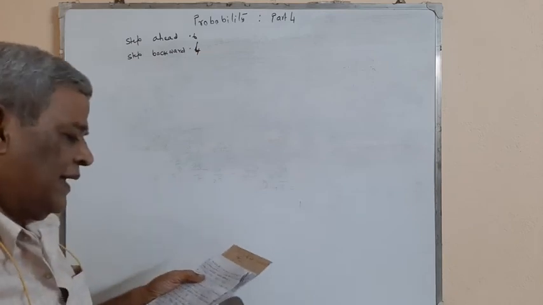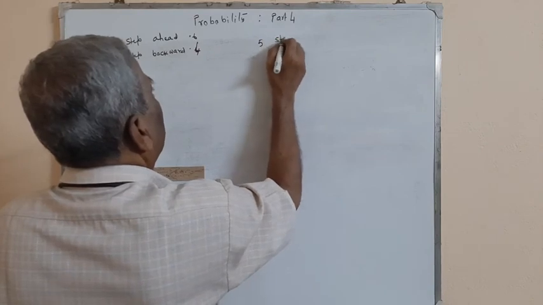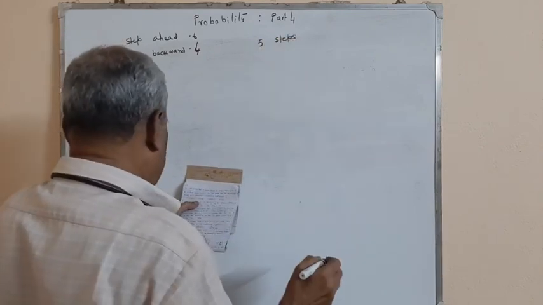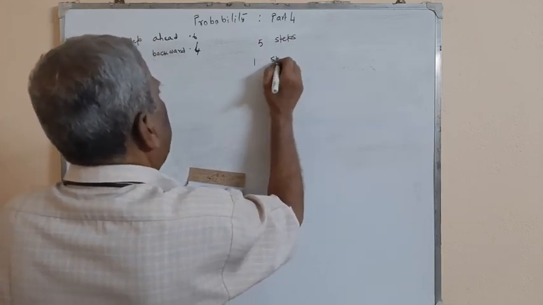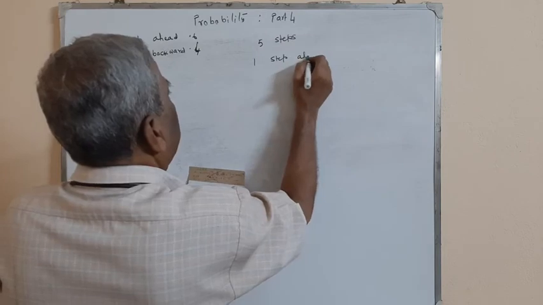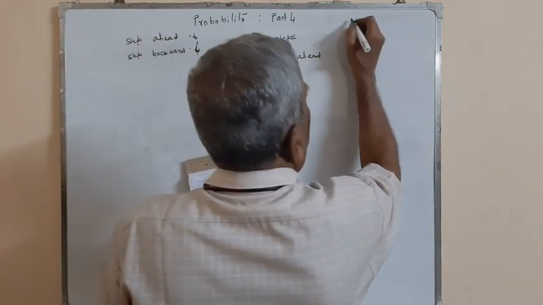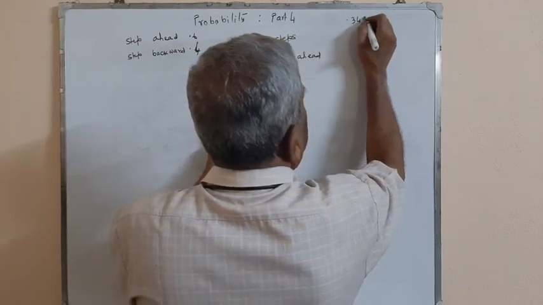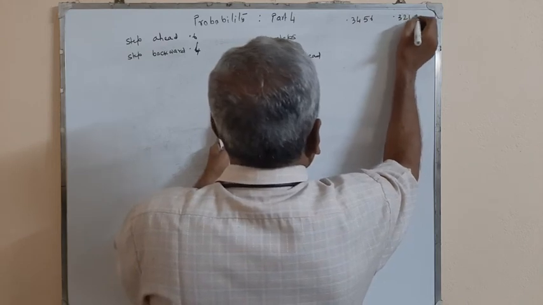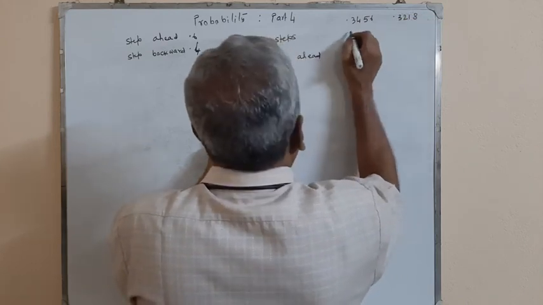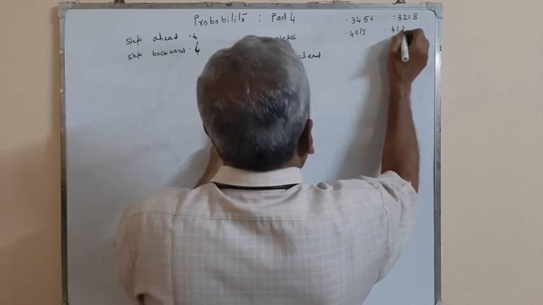The probability that at the end of 5 steps he is one step ahead is: 0.3456, 0.3218, 0.4012, 0.4121.